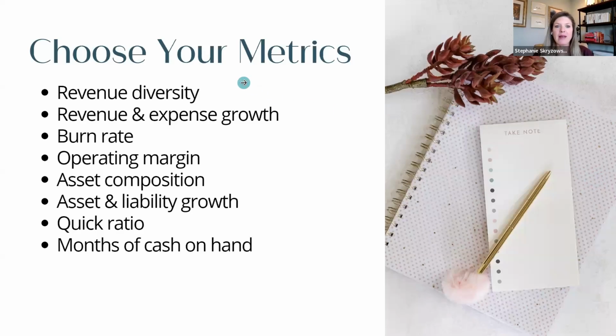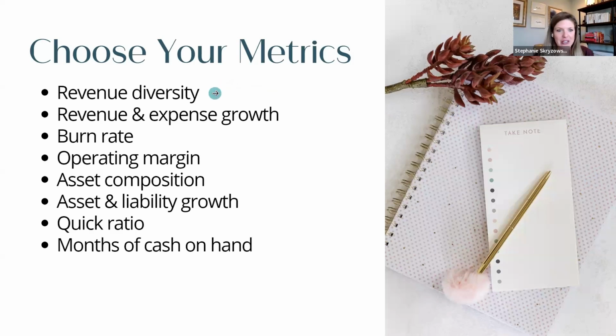Okay, so before we wrap up and turn it over to questions and discussion, hopefully everybody has written down at least one or two different metrics that they are going to go calculate to understand the financial health of your org.